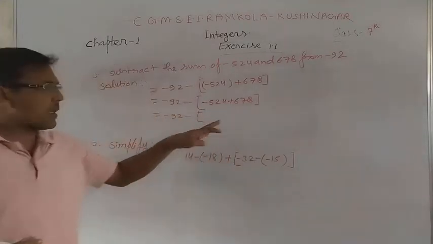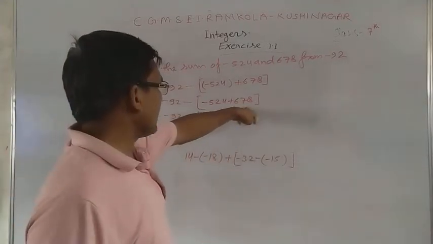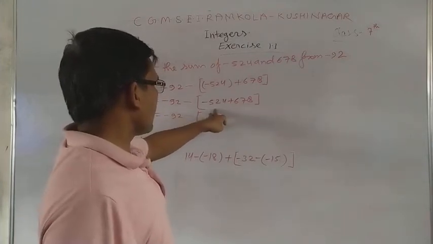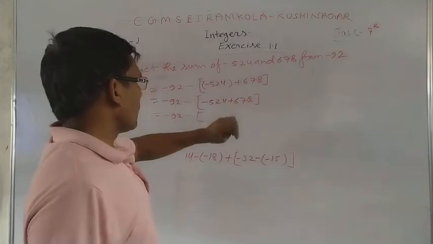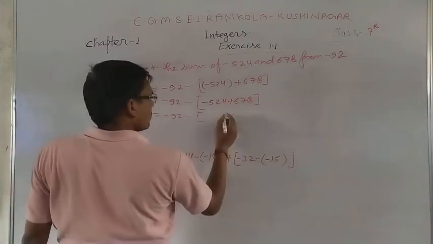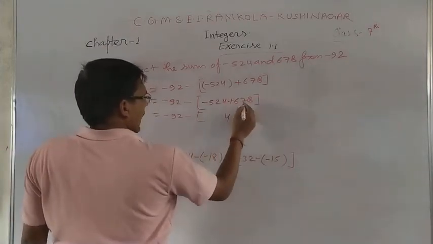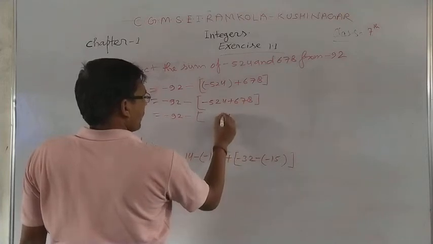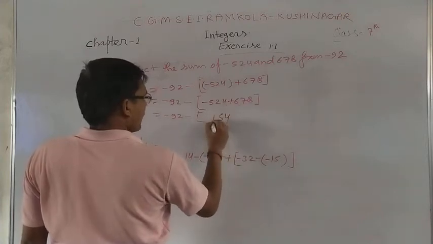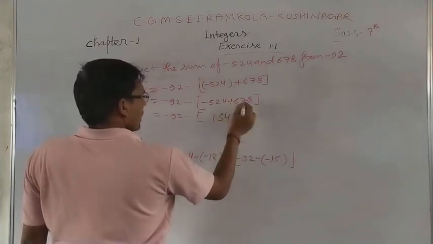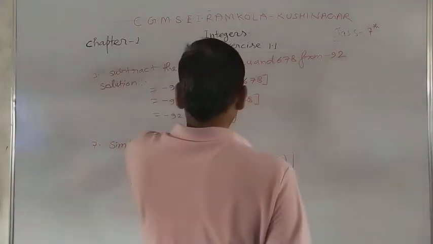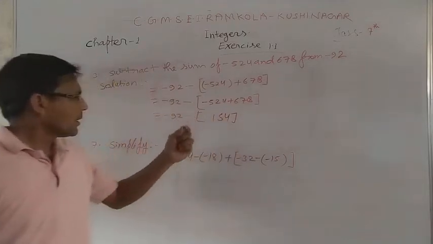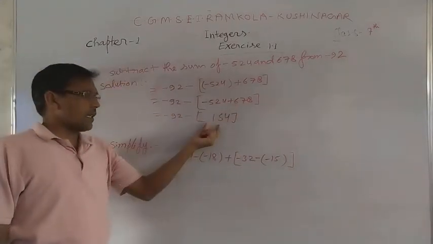From the above, here is a plus integer and here is a minus integer, so the solution is in subtraction mode. 8 minus 4 is 4, 7 minus 2 is 5, 6 minus 5 is 1. Here 678 is greater than 524, so the sign of the integer is plus.